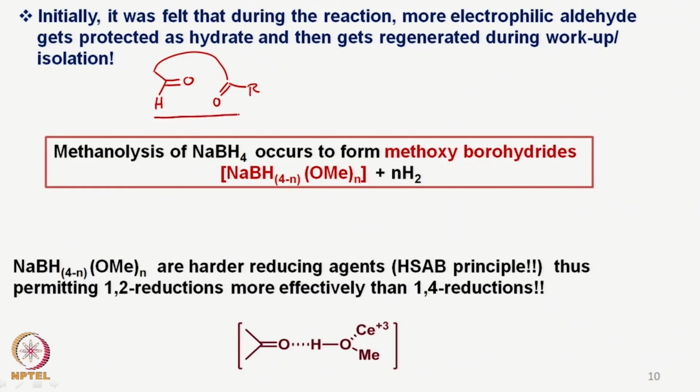So this particular compound allows the reduction of the ketone over, for example, the aldehyde. This is the selectivity that is particularly found in the case of a molecule that contains both an aldehyde and a ketone. Under normal conditions, the aldehyde being more electrophilic in nature compared to the ketone should get reduced with sodium borohydride or with any reducing agent.